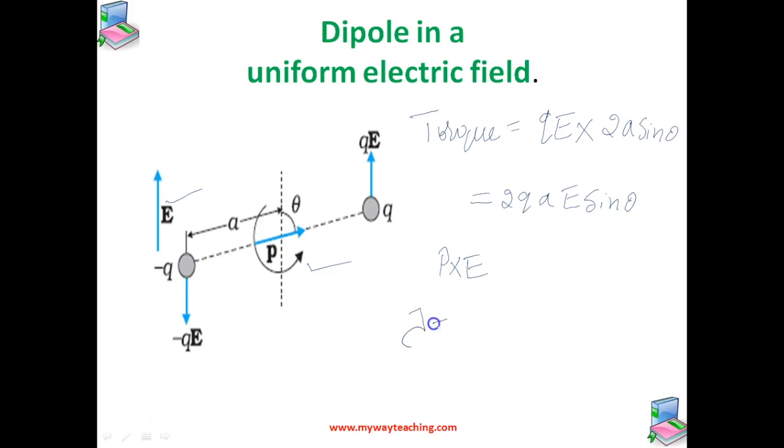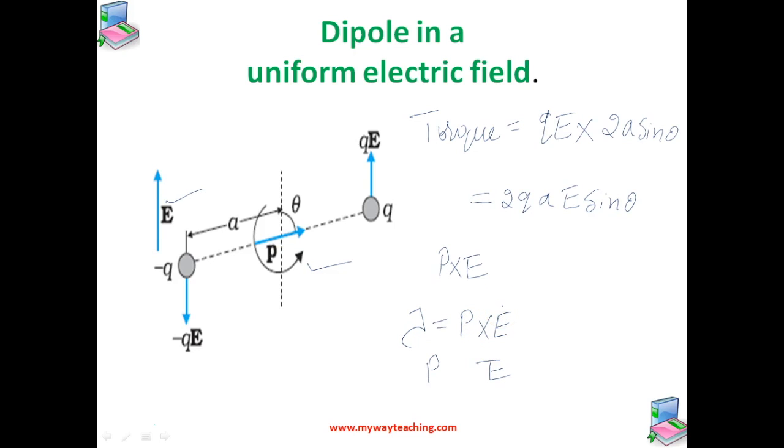So we can write torque is equal to dipole moment cross electric field, and this torque will tend to align the dipole with the field. So when P is aligned in the direction of E, the torque will be 0. So this is the case of uniform electric field.